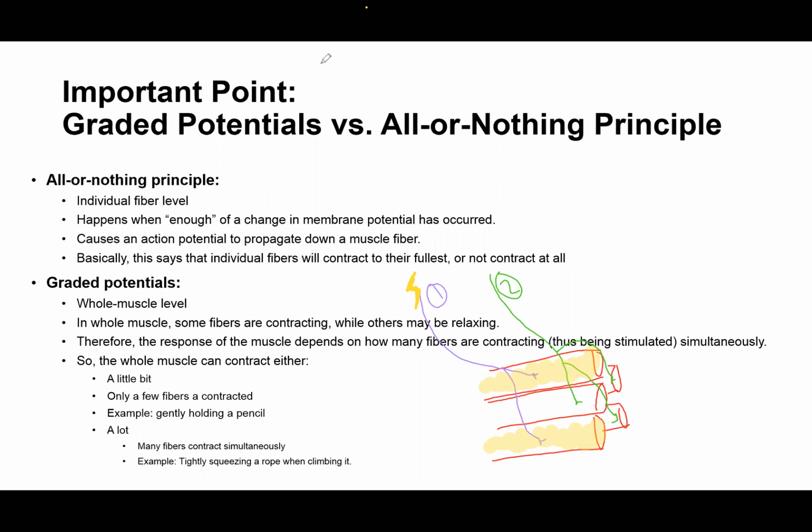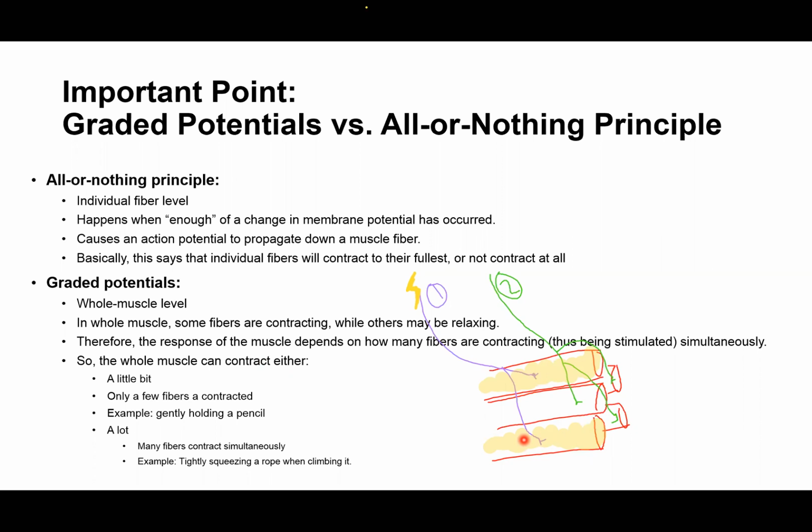The response of the muscle as a whole depends on how many fibers are being stimulated simultaneously. In this instance, only these 2 fibers are being stimulated, and therefore the muscle will only contract a little bit.